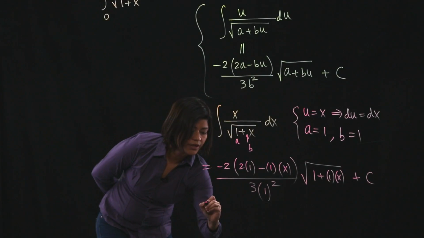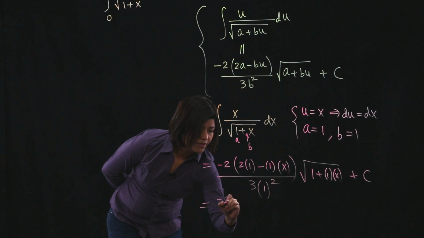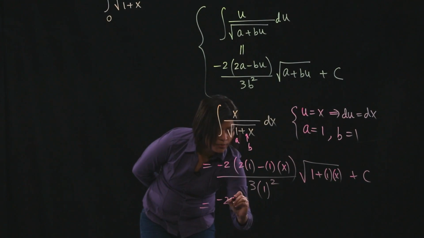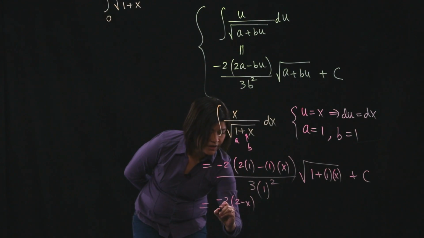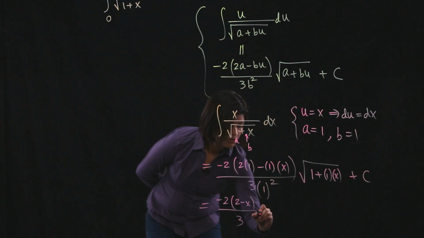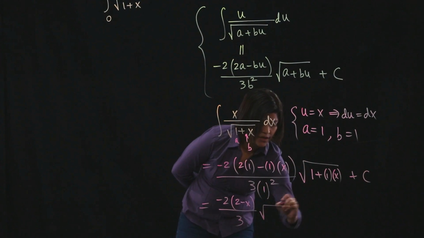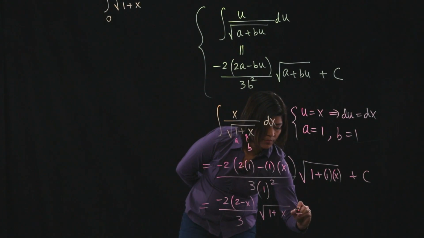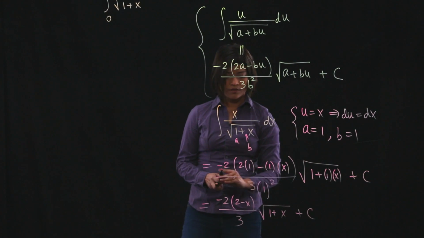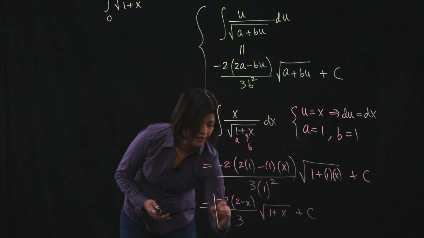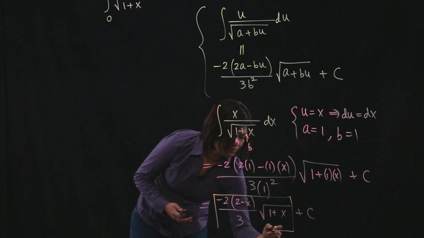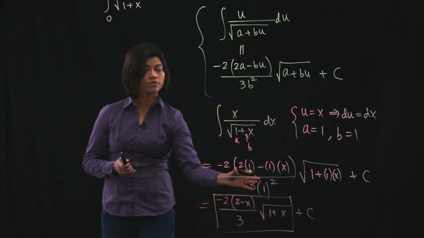Okay, let's simplify quickly. We have negative 2 times 2 minus x on the top, divided by 3 square root of 1 plus x, plus c. All right, so here is our antiderivative that we are going to use.